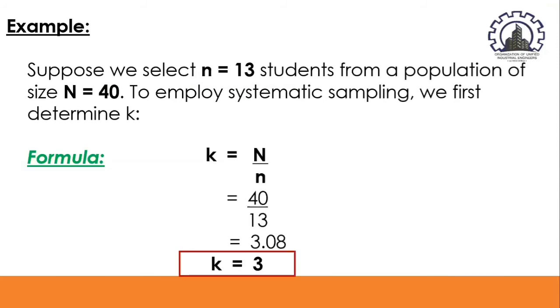In this case, it is 40 students divided by 13 students, because we need to select 13 out of 40. That makes it 3.08. Now, how come we only have a final answer of 3? Because there is no half student, there is no one-fourth student. So we should make use of 3, a whole number.